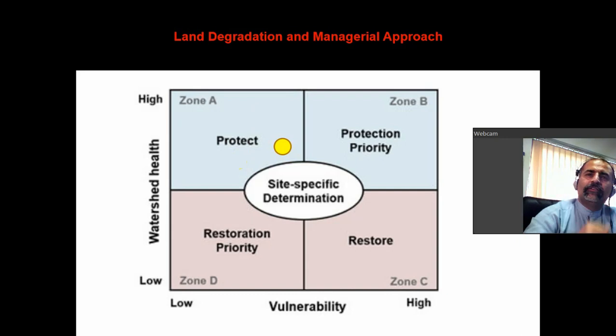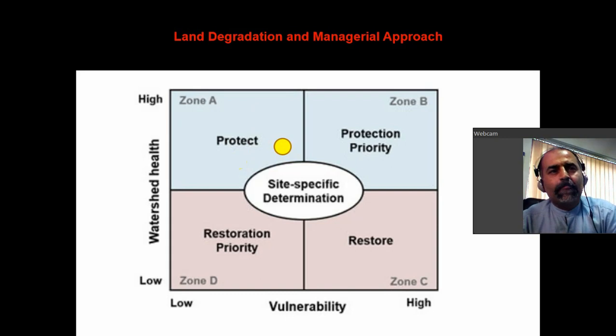It shows us what type of approaches we have to select. It shows us that the protection is really a need. If we do not take care of that, it may move towards zone B, and then finally it may come to the lower part of the matrix. So it shows us that right now we are in a good position in viewpoint of land degradation and watershed health.